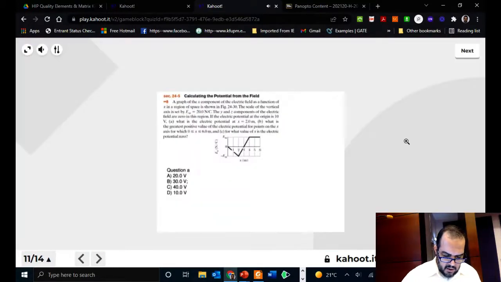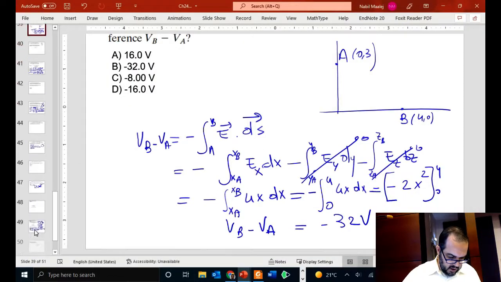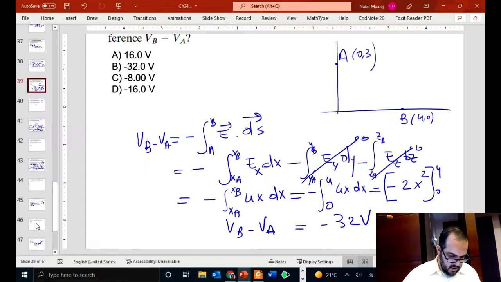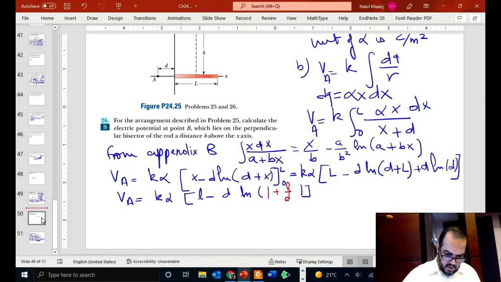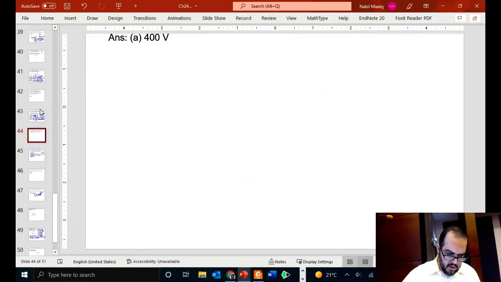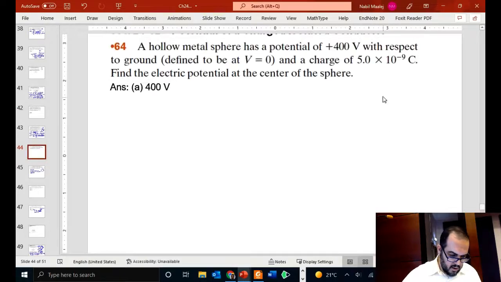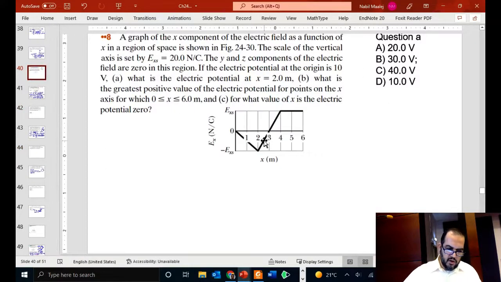Okay. All right. So let me expand. Let me show this in the real PowerPoint presentation. Okay, so here a graph of the x component of the electric field as a function of x in a region of space is shown.